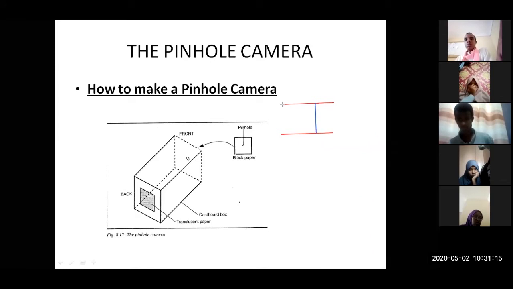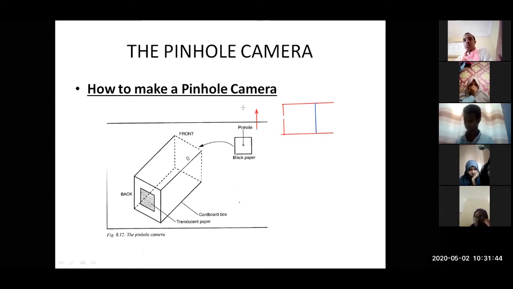And I have a small pin hole I'm going to leave somewhere. And I have an object. So I'm putting the object to be here. This is the object. So this top end is the head, and this is the bottom.